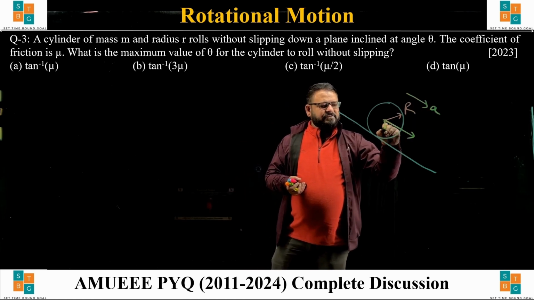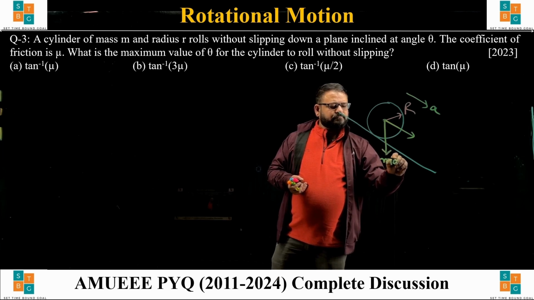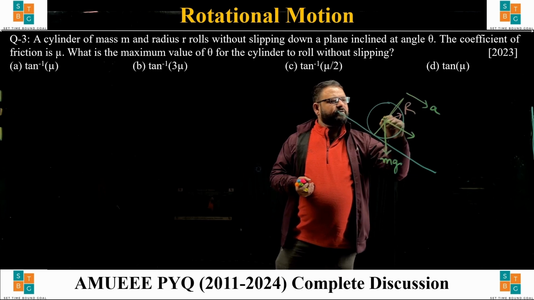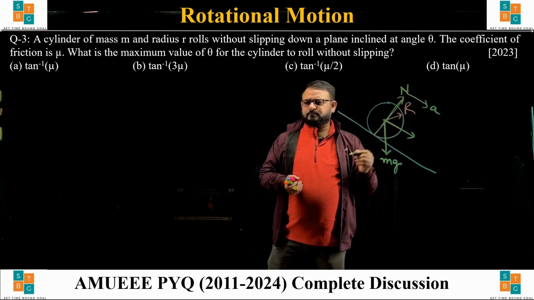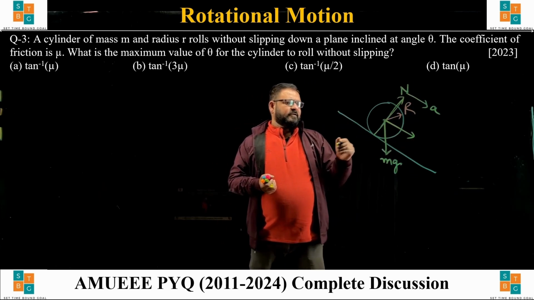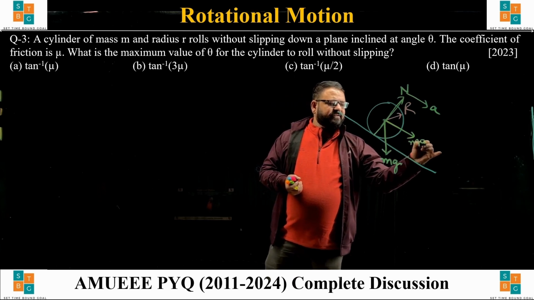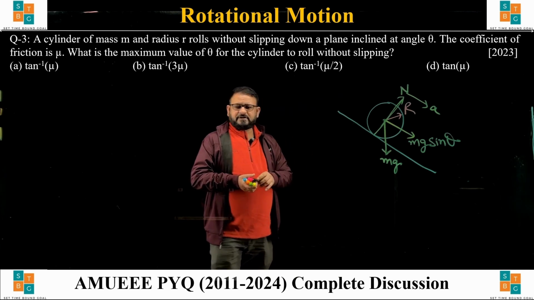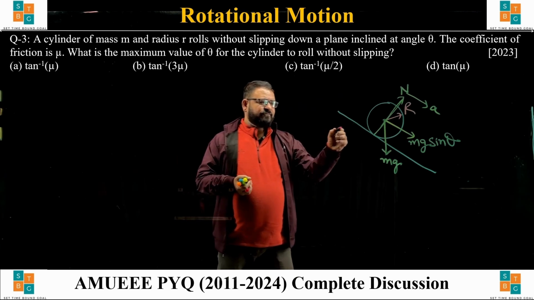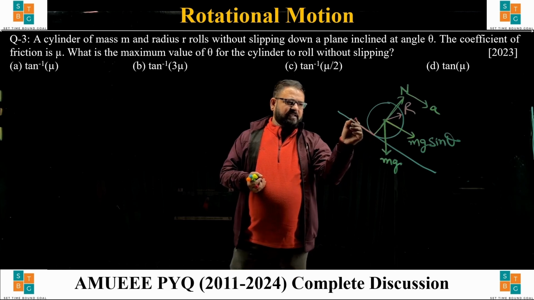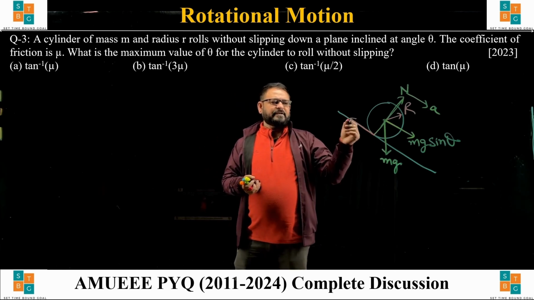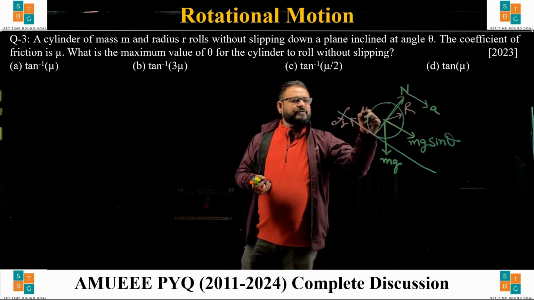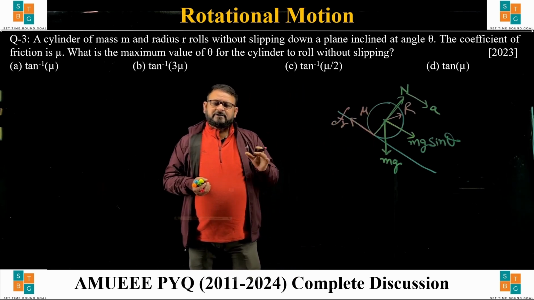The weight acts downward, and now the normal goes in this direction, then the component of the weight that is driving this downwards is mg sine theta, and since the motion is downwards, the friction will kick in, and friction will act in this direction. We have been given mu as a coefficient, so here we have the friction, and mu is the coefficient. Right, so this is the basic diagram.